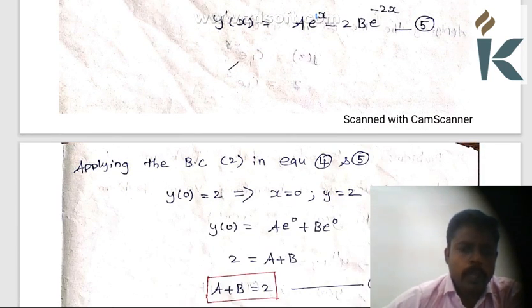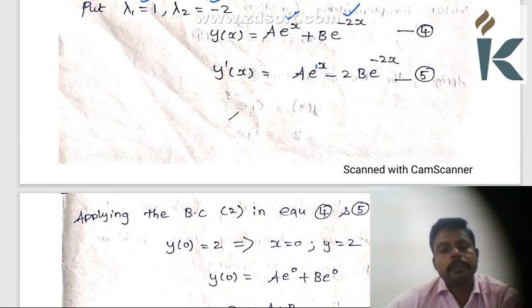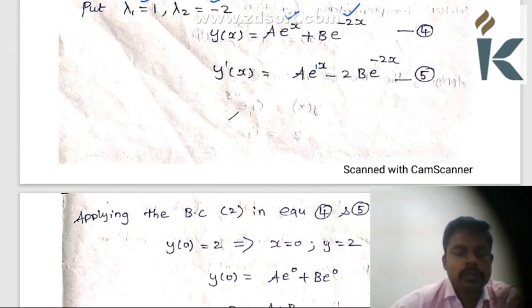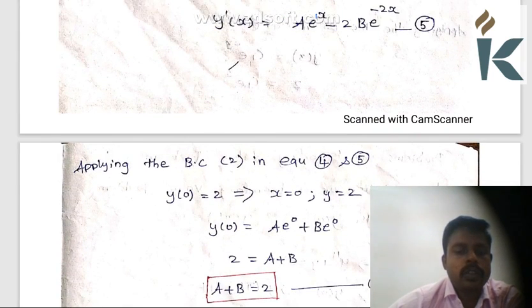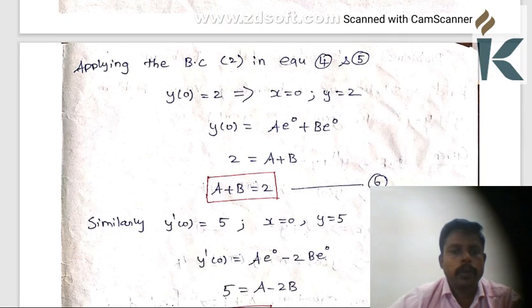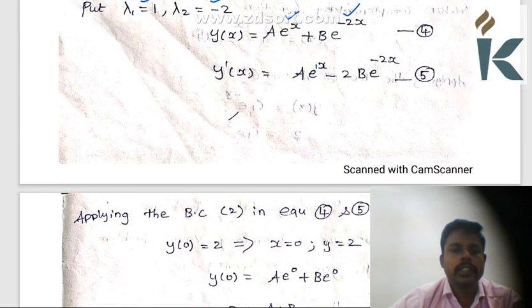Now you have to apply the boundary conditions in equations 4 and 5. See this, the boundary condition y of 0 is equal to 2, that is x equal to 0 and y equal to 2. Now you have to apply the boundary condition in equation 4.